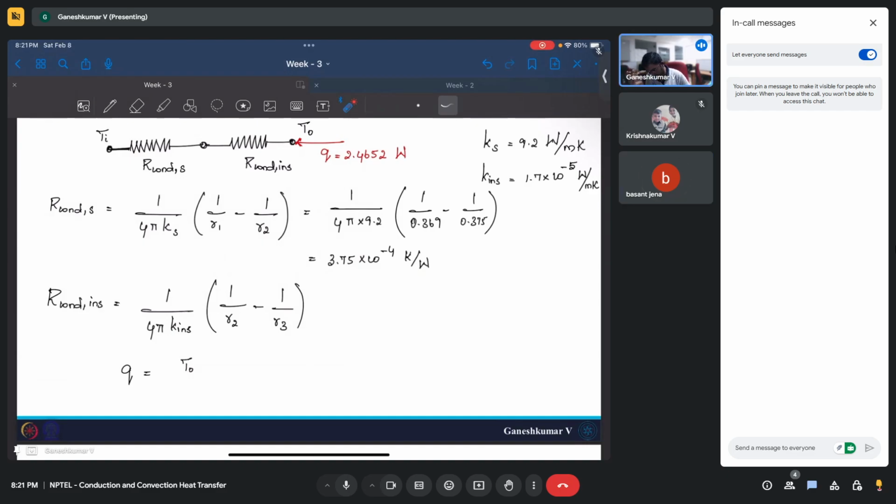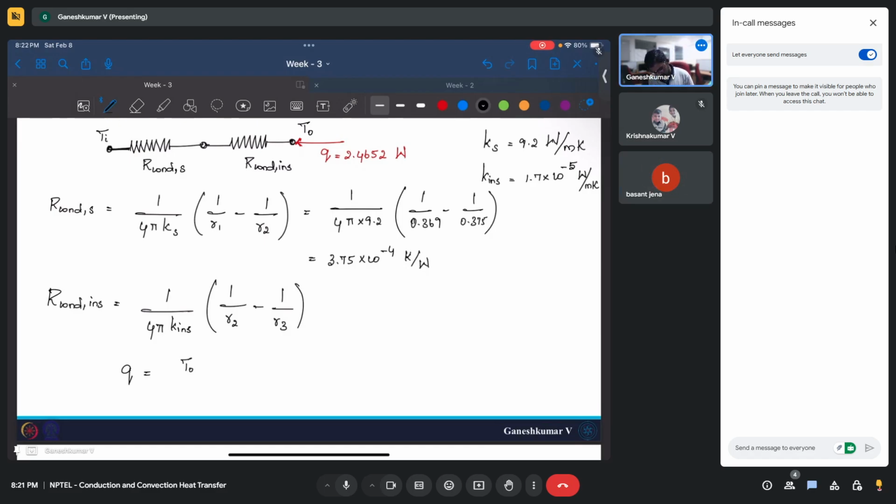What is the number you have? I am getting 4.2 into 10 to the minus 5. Okay, I think I have made a mistake with 0.375, but it doesn't matter.